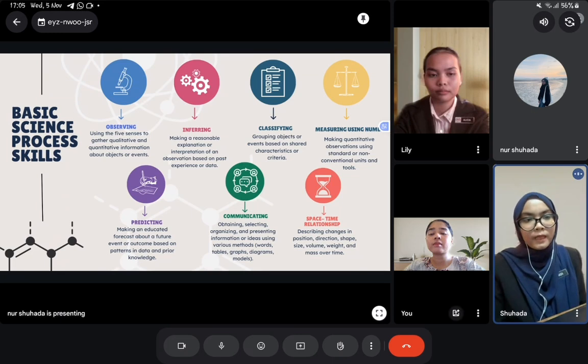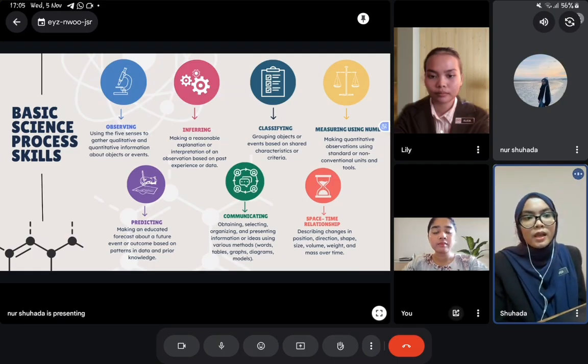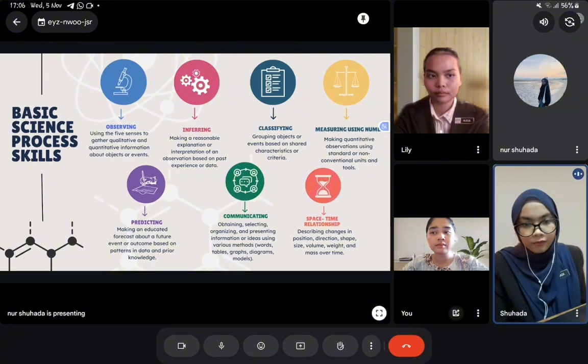Next, inferring. Inferring is making a reasonable explanation or interpretation of an observation based on past experience or data. Inferring always uses questions like how or why to explain or understand something that is not directly observed.